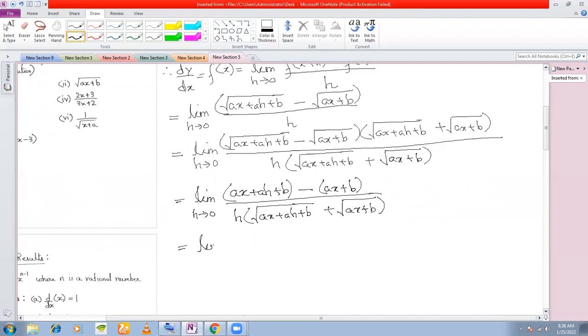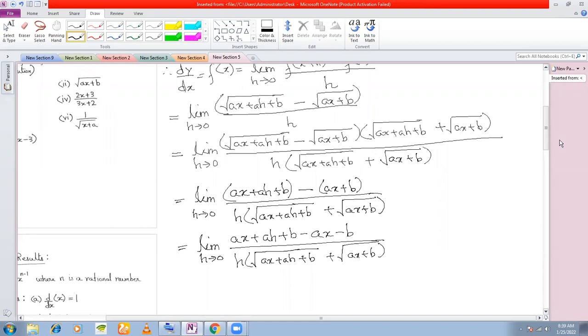So this is limit h tends to 0, a(x plus h) plus b minus ax minus b, if I open the brackets, divided by h root of a(x plus h) plus b, plus root ax plus b.